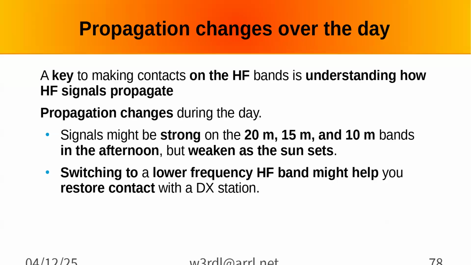I've worked 20 as the sun's setting and it gets dark, like helping out at field day or something, just making contacts. The band's all noisy, noise floor is way up, and as you get into the dark, as the sun goes west of us, the whole noise floor and the signal propagation seems to kind of drop out.